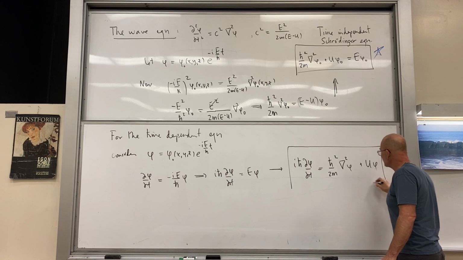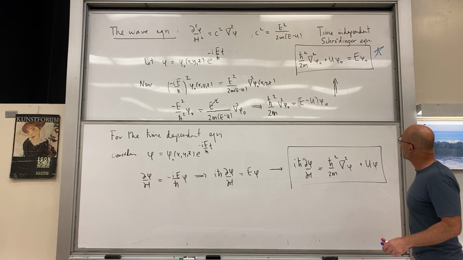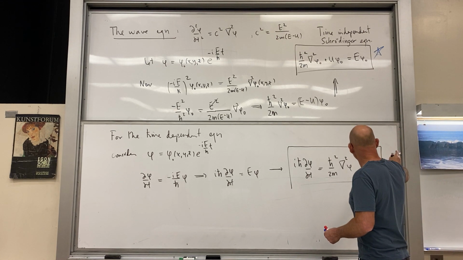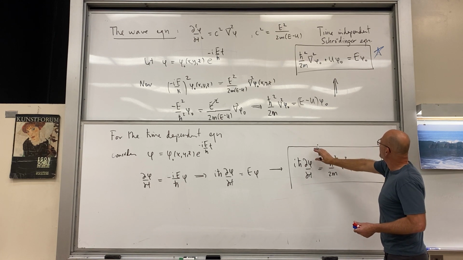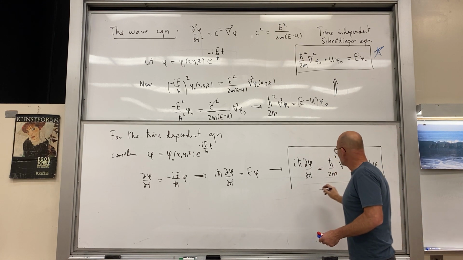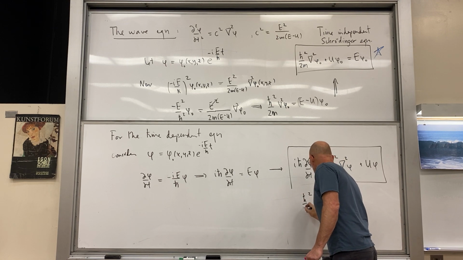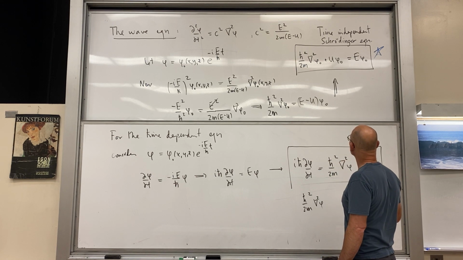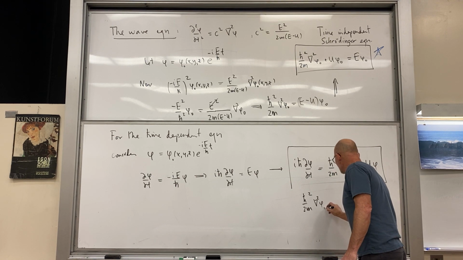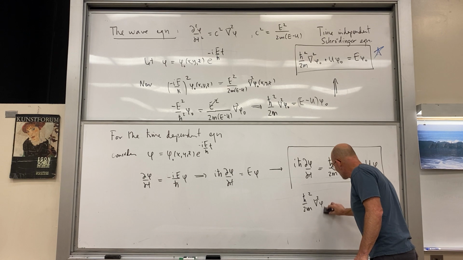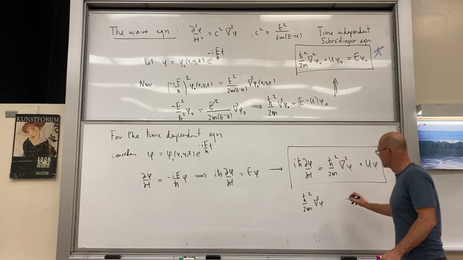Okay. These two equations, you could stack them now as the time dependent and the time independent. I can write minus h bar squared over 2m del squared phi. Well, in fact, we can ditch the subscript there.